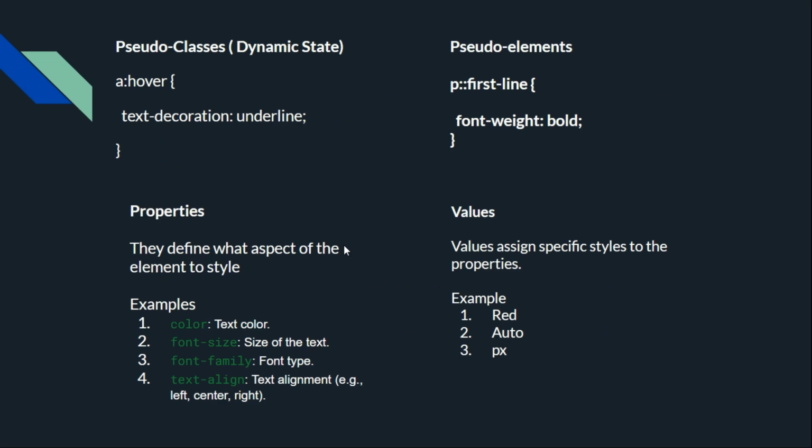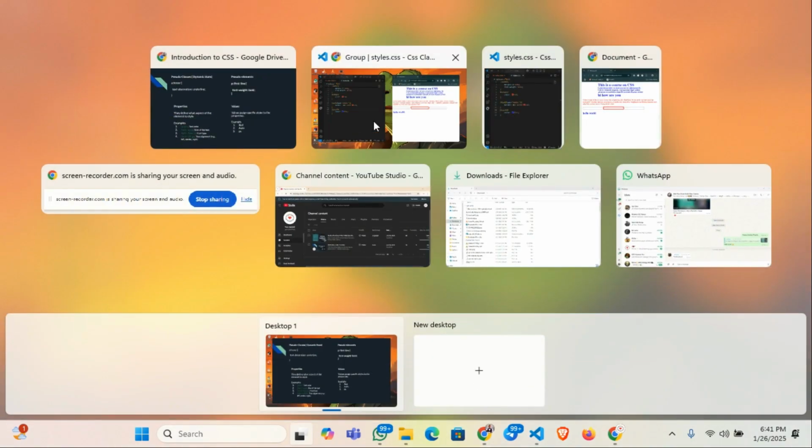Now, the next kind of selector are your pseudo classes. Your pseudo classes, or the other name is dynamic state. Now, I like to use it mainly to style buttons, but there are also other usages of this. So I'll just show you how it works.